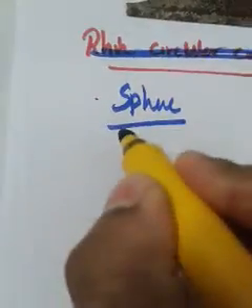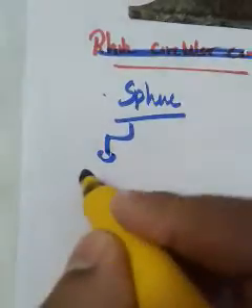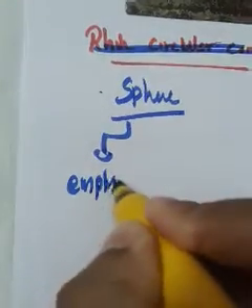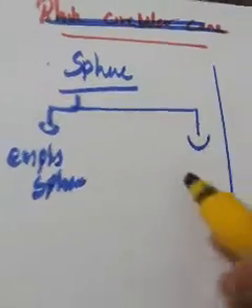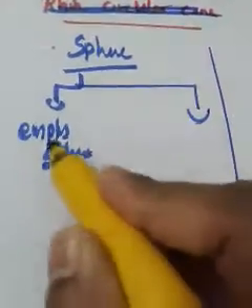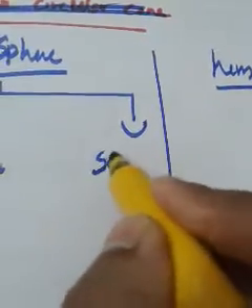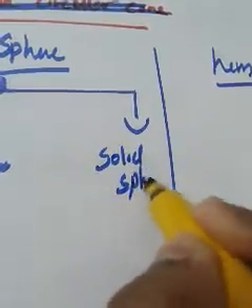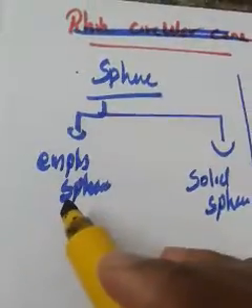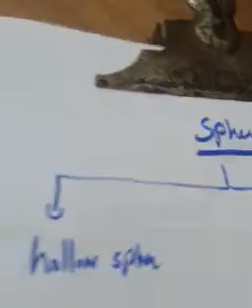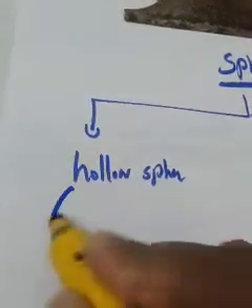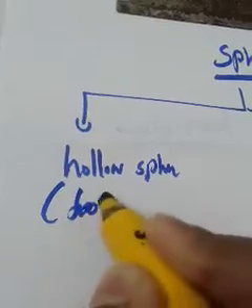Two types of spheres are there, hollow sphere and solid sphere. Hollow sphere, you just give me an example like a football, isn't it?